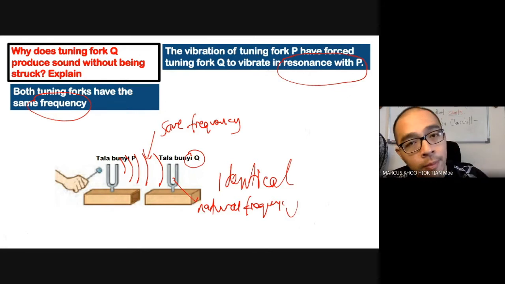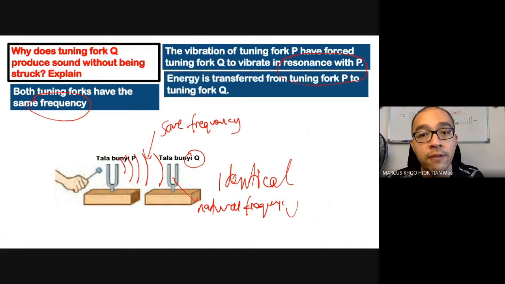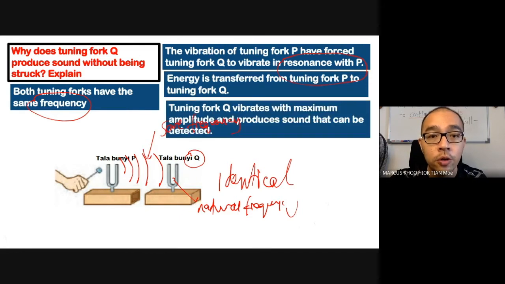When there is a wave coming at you with the same natural frequency, you will oscillate together. So energy is being transferred from tuning fork P to tuning fork Q. And therefore, tuning fork Q will vibrate with maximum amplitude and produces a sound that can be detected.